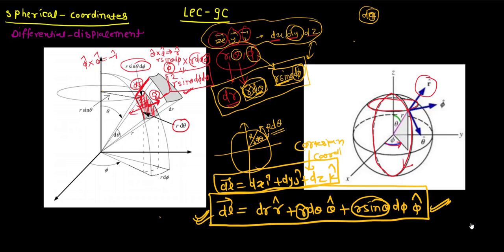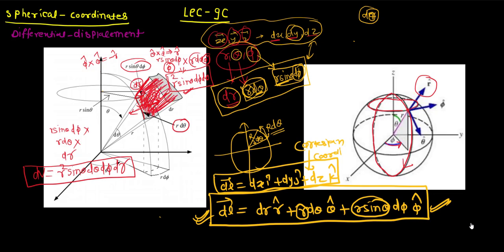So it would be r sin theta d phi multiplied with r d theta and then multiplied with the height dr. So it would be r square sin theta d phi d theta dr. This would be dV, the volume of this small element.